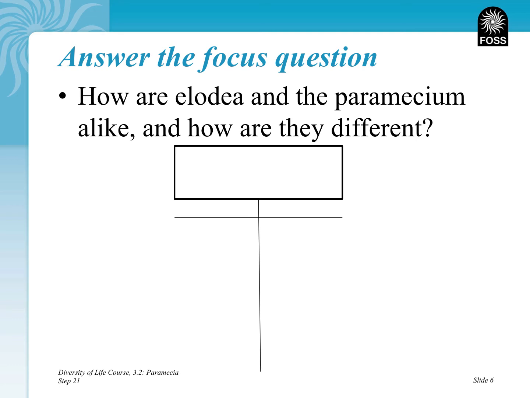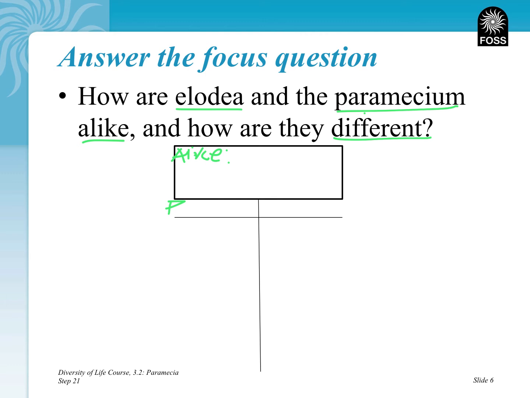So again, our focus questions are: how are Elodea and paramecium alike, and how are they different? One tool that we could use is a T-chart. The box up here is how are they alike, and then the T-chart shows us how they are different.